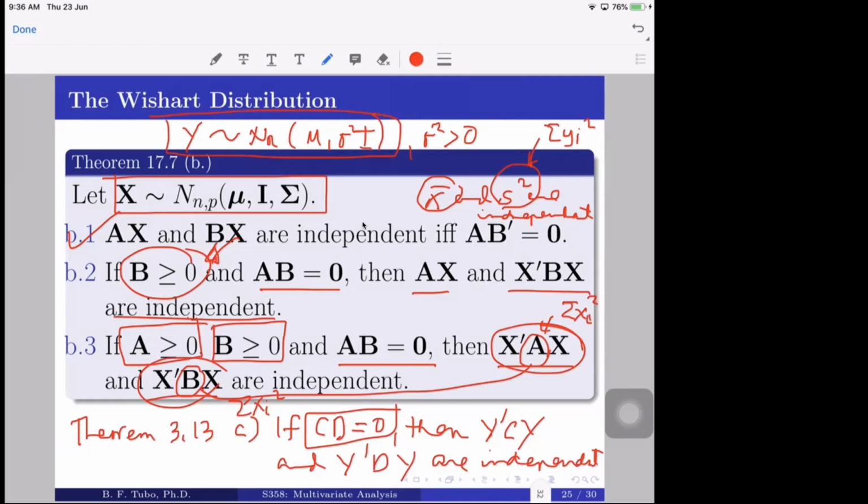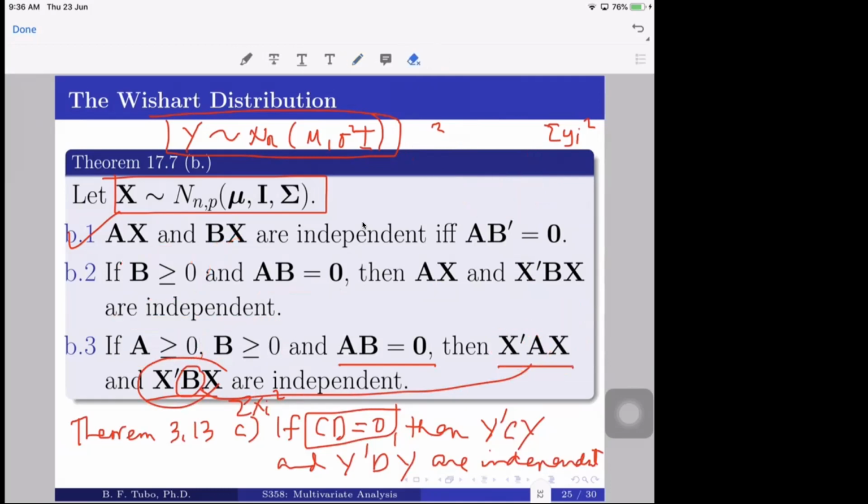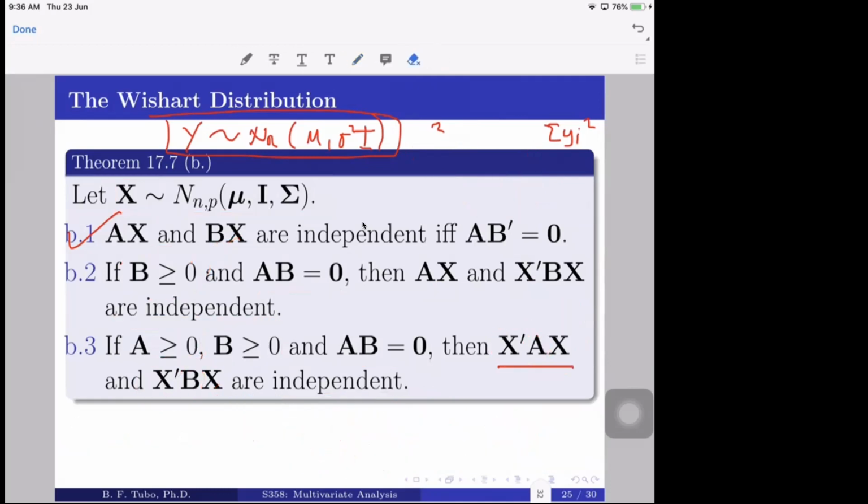So multivariately, this second result here, B2, is used when you want to check whether the mean and the variance here are independent.